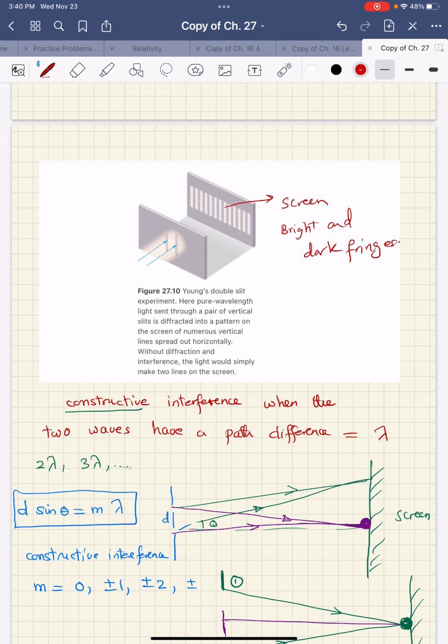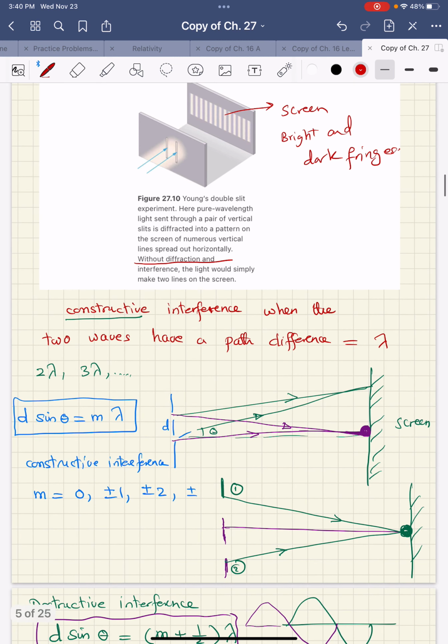Now this one here is assumed to be without diffraction, so that it is just the interference, where the intensity is equal for all.